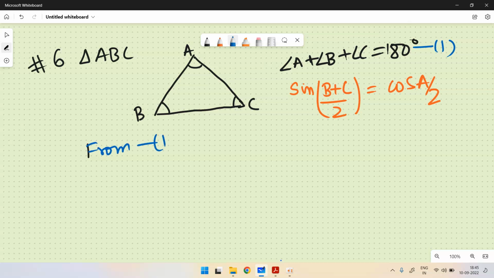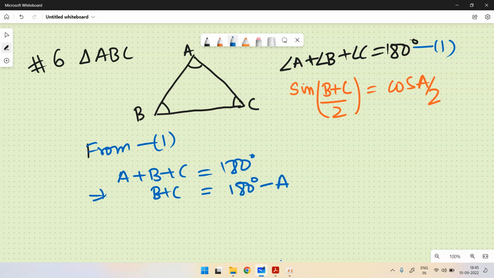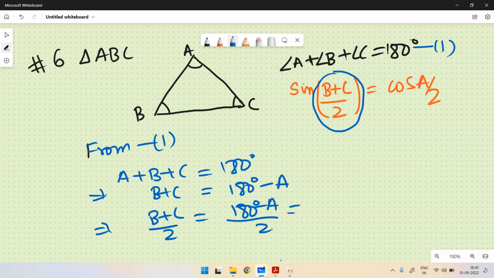From expression 1, a plus b plus c equals 180 degrees, which implies that b plus c equals 180 degrees minus a. Now in the expression (b plus c) by 2, this is nothing but (180 degrees minus a) by 2. If you distribute the 2 individually, this is 180 degrees by 2 minus a by 2, which is 90 degrees minus a by 2.